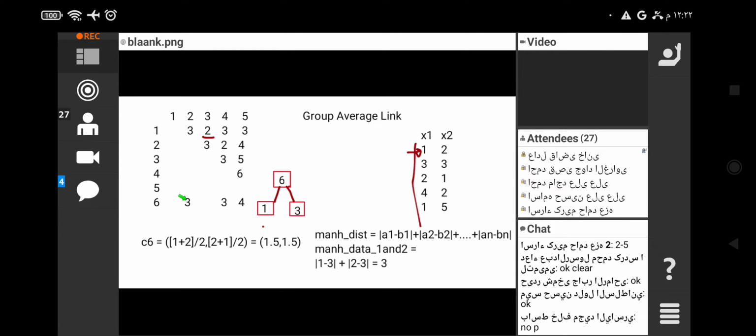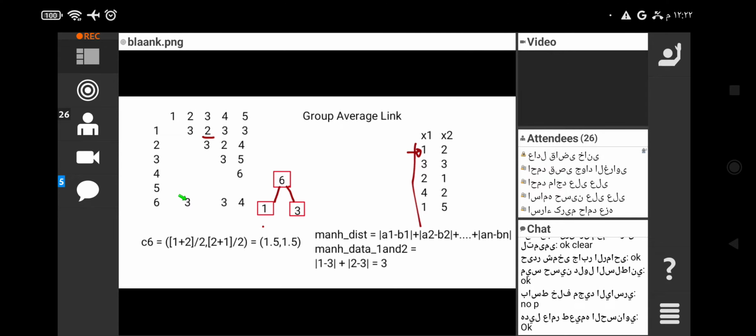Now we repeat the loop of the algorithm again, and we want to find the nearest clusters to combine.